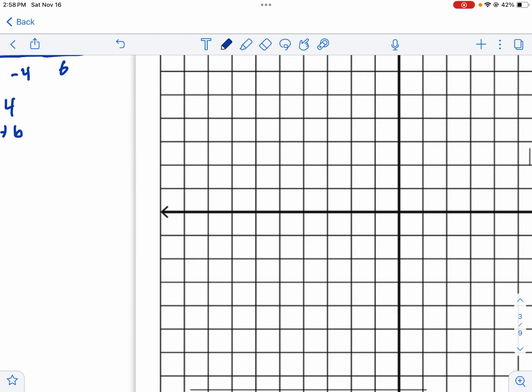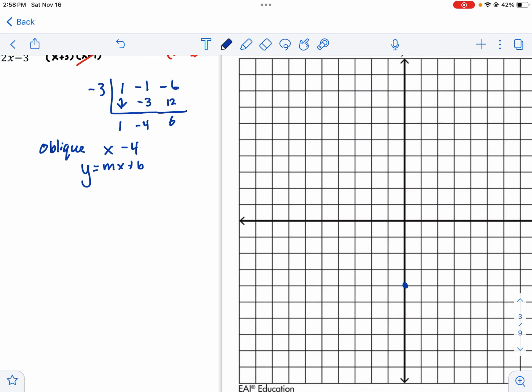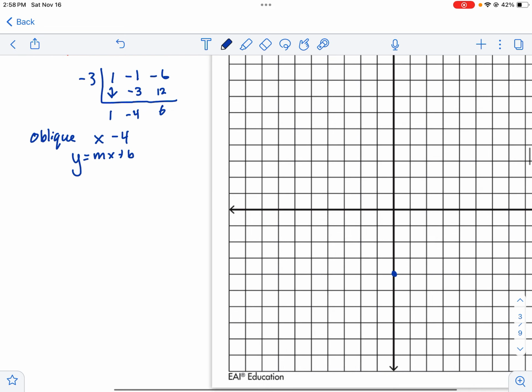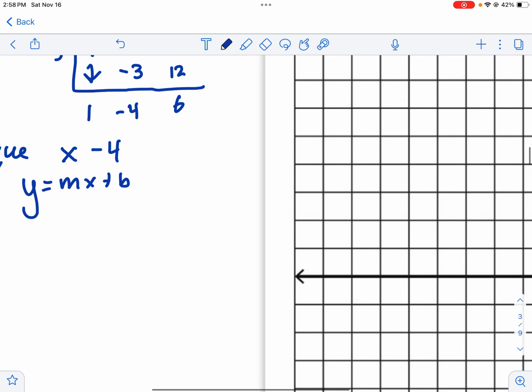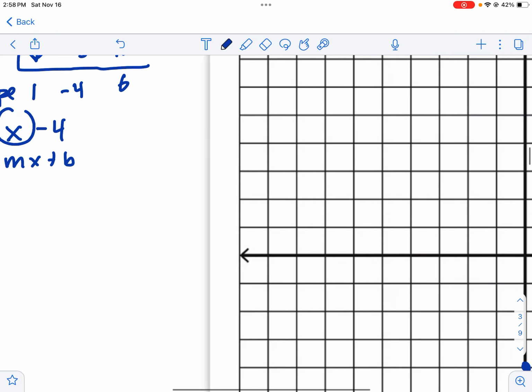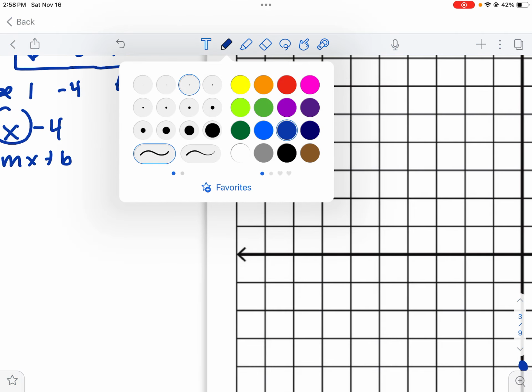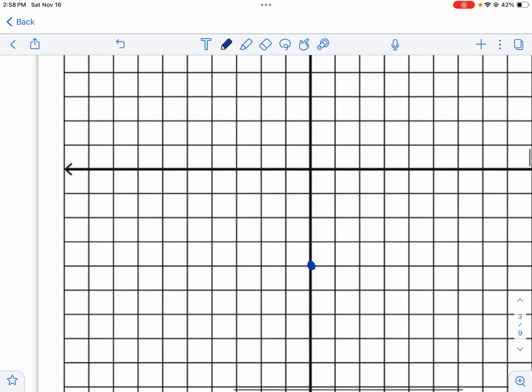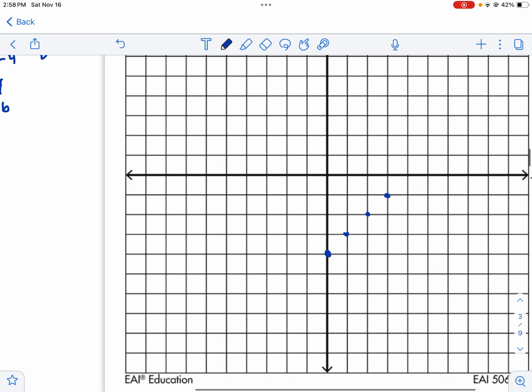So I start at negative 4. I'm going to go up 1. This is your slope. I'm going to go up 1, right 1. And it's going to go like this.